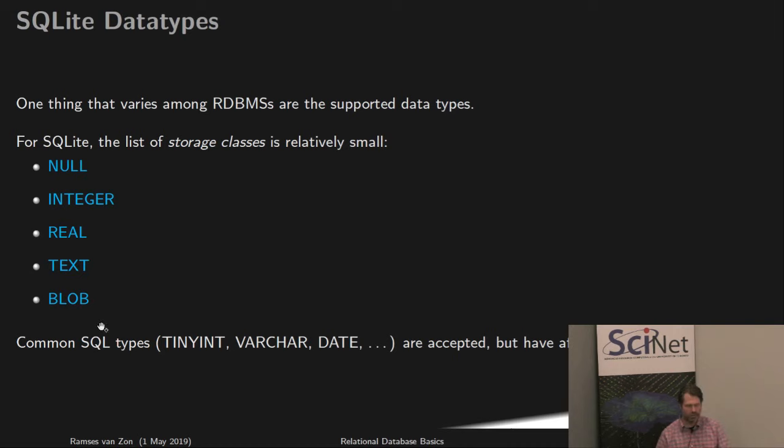Other SQL types that are very common, like tiny ints, which take less bytes, a variable char, so that's a text that can be arbitrarily long. A date, so in SQLite, a date is just a string with a date in it.